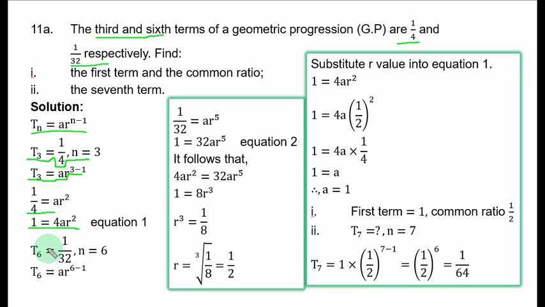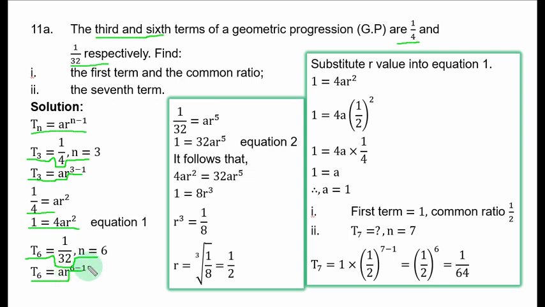The sixth term, t sub 6, is equal to 1 over 32. At the sixth term, n is equal to 6. So you have t sub 6 is equal to first term a times common ratio r to the power of n. n here is 6 minus 1.